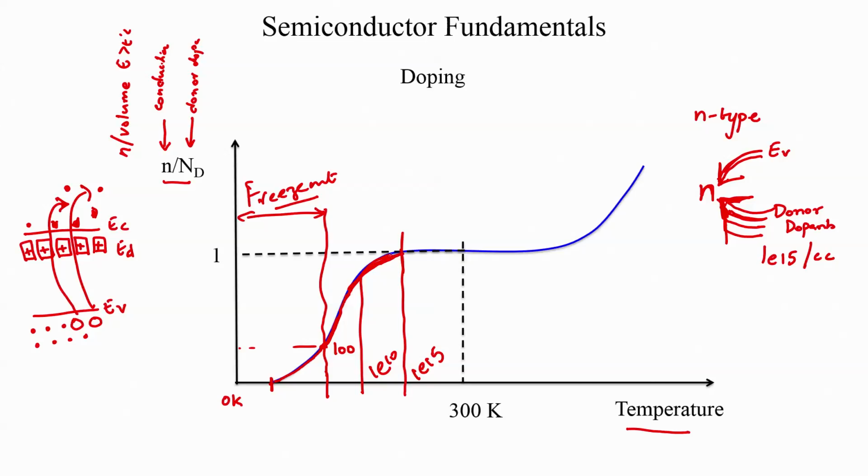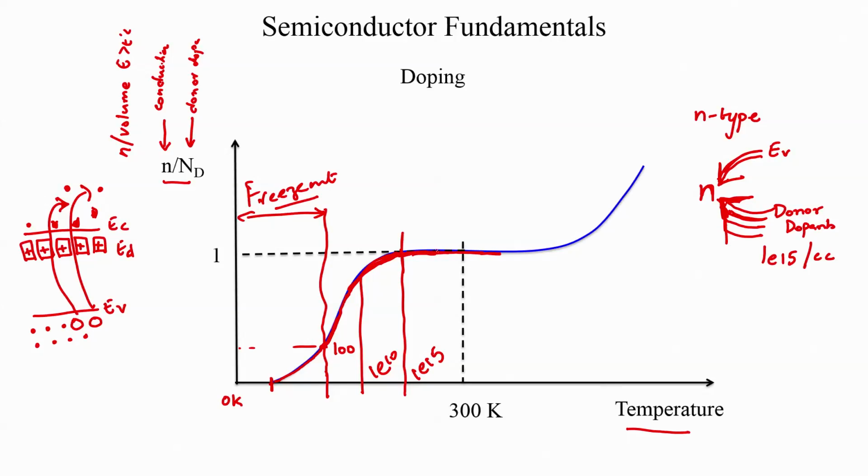And beyond a certain point, all the donors would have finished contributing. There are no more donors per unit volume. So, all the 1E15 donors have contributed 1E15 electrons and the electron count in the conduction band does not increase any further.